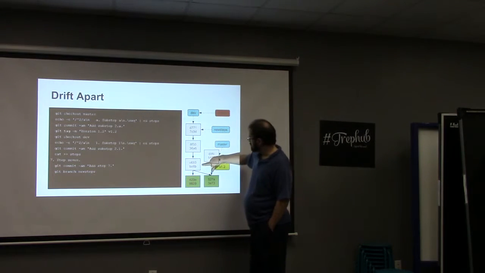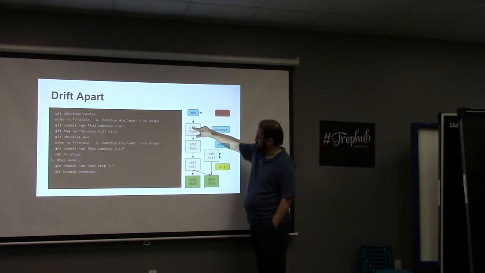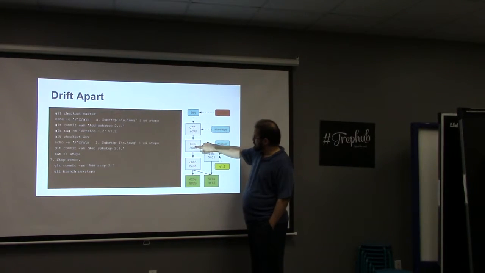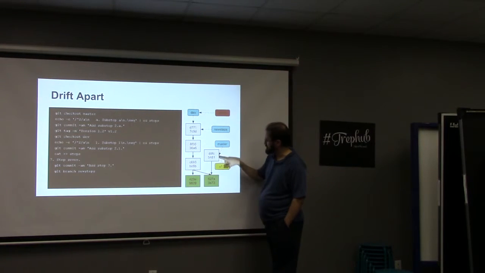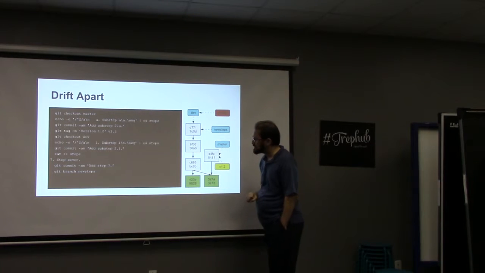So that represents this change here on top of the merge that we did in the last screen. And then I went ahead and added a new step on top of that. So dev at this point is pointing to this version, which has one version of the fix. Master has a different version of the fix, and dev also has an additional step that I added.